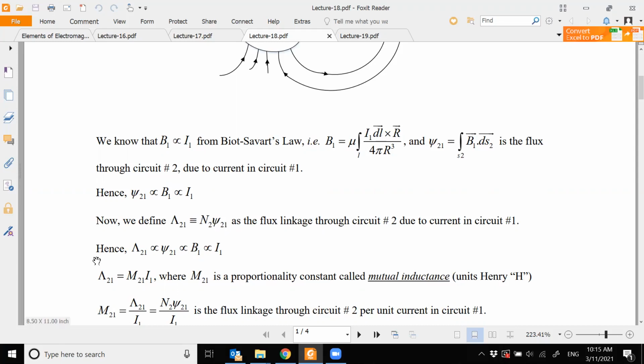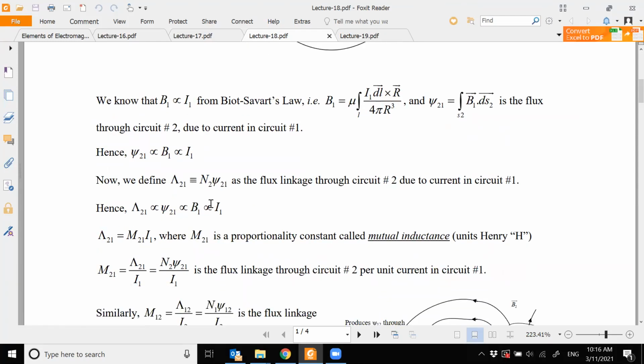Therefore, now what I can say is the flux linkage of loop 2 due to loop 1 is proportional to the flux 21, and this flux 21 is proportional to B1, and B1 is proportional to I. That means your flux linkage of loop 2 due to 1 is proportional to the current flowing in the first loop.